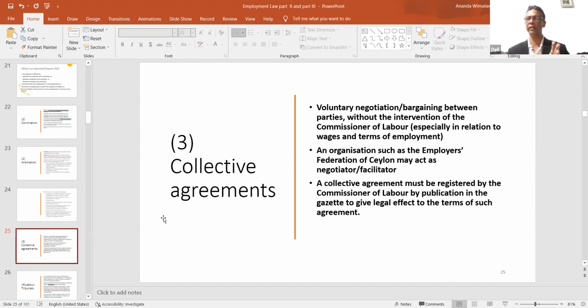First, you need to understand what we mean by collective bargaining. Under collective agreement, put another subtopic, collective bargaining.